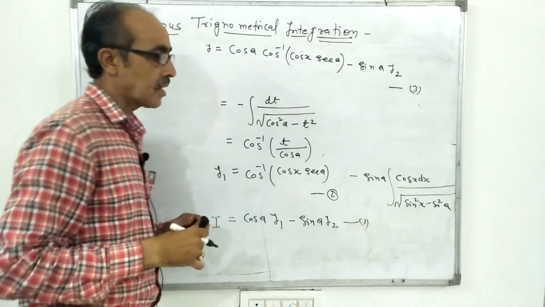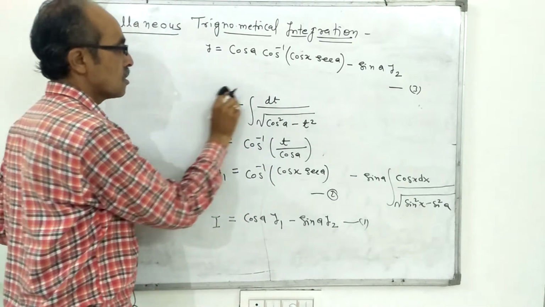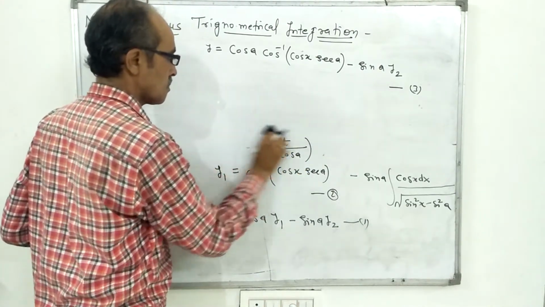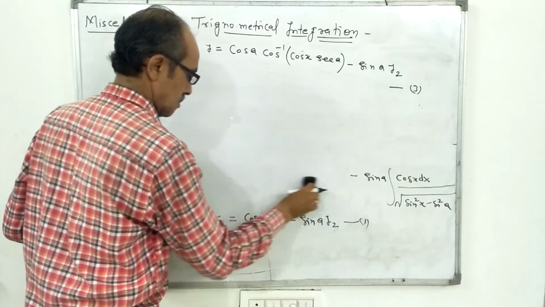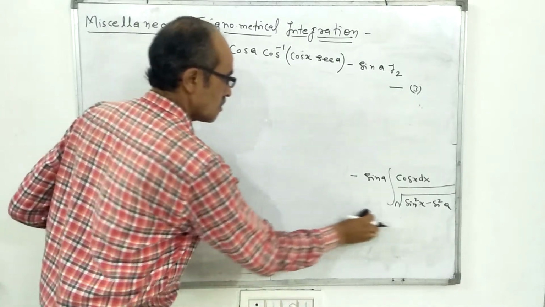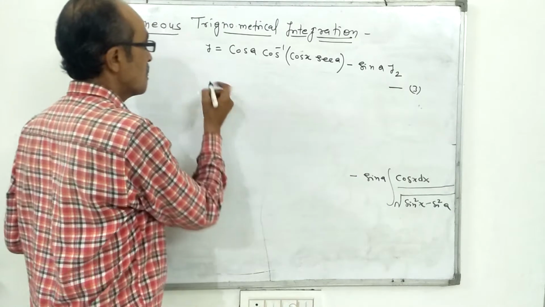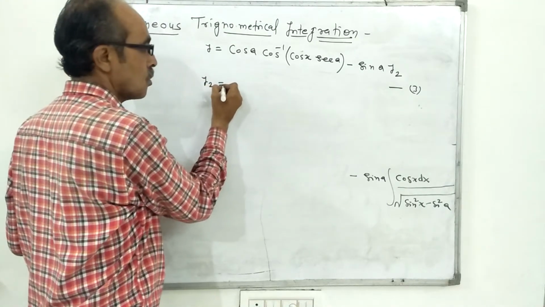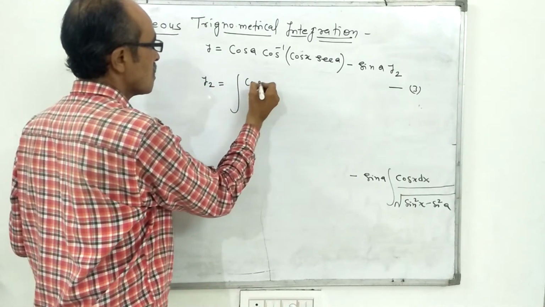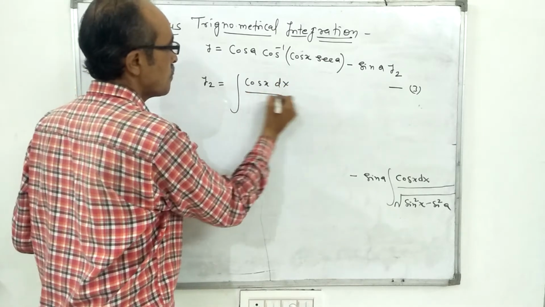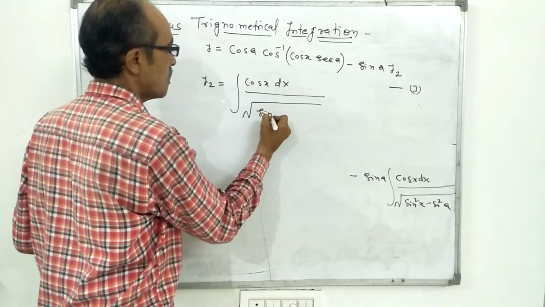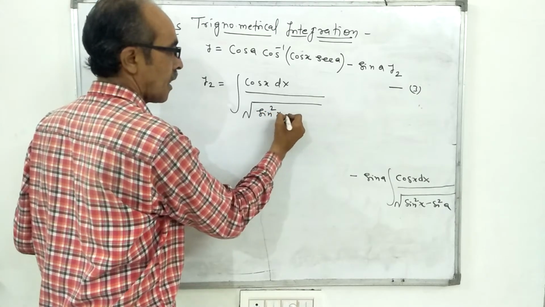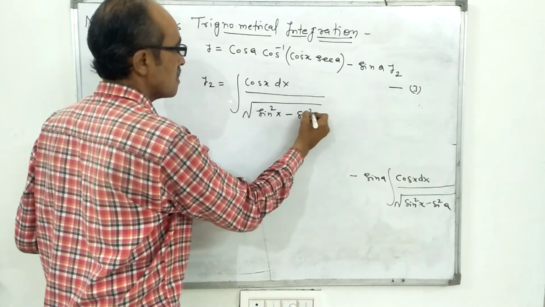Now we solve the integral I2. I2 is equal to the integral of cos x dx divided by the root of sin square x minus sin square a.